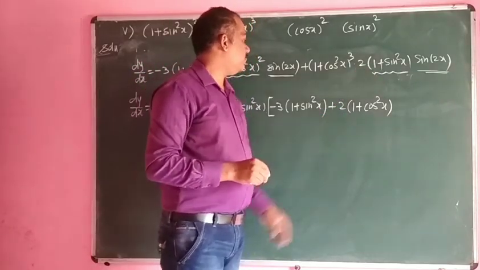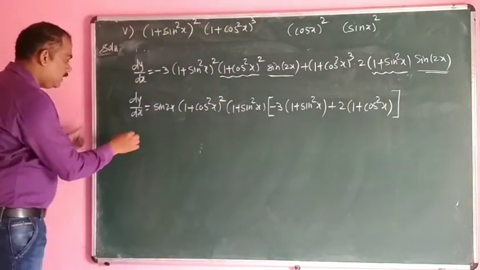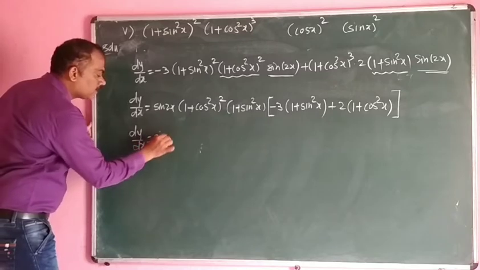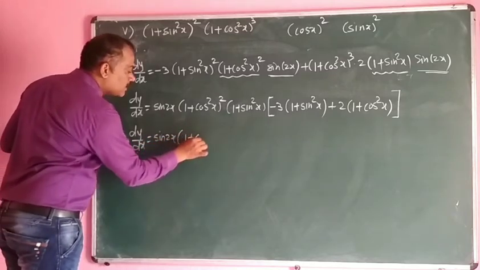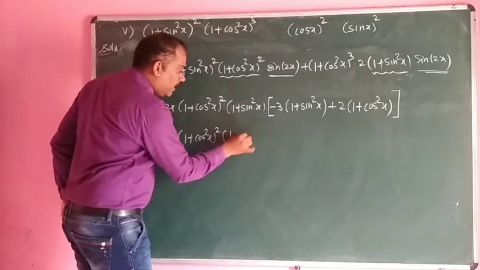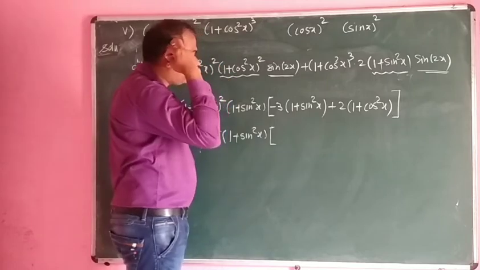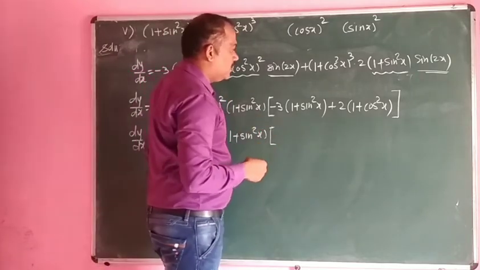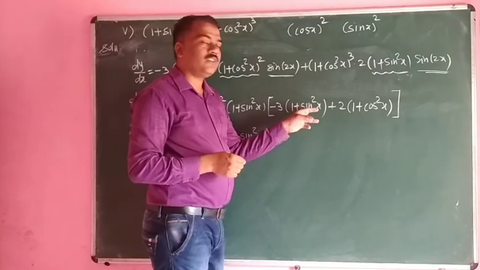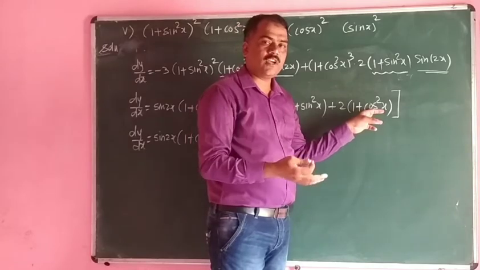Okay, this one is already taken common, so that dy by dx is equal to sin of 2x into (1 plus cos square x) bracket square into (1 plus sin square x) into, before multiplying inside the bracket, we have to convert in any one of them, either convert the sin square in terms of cos square, or convert cos square in terms of sin square.